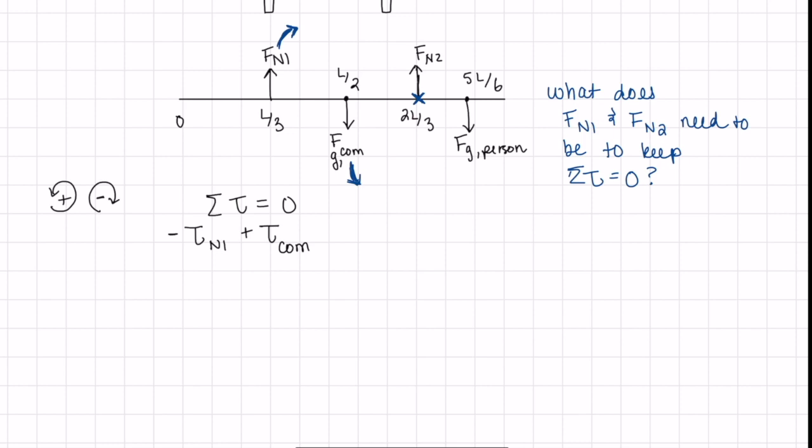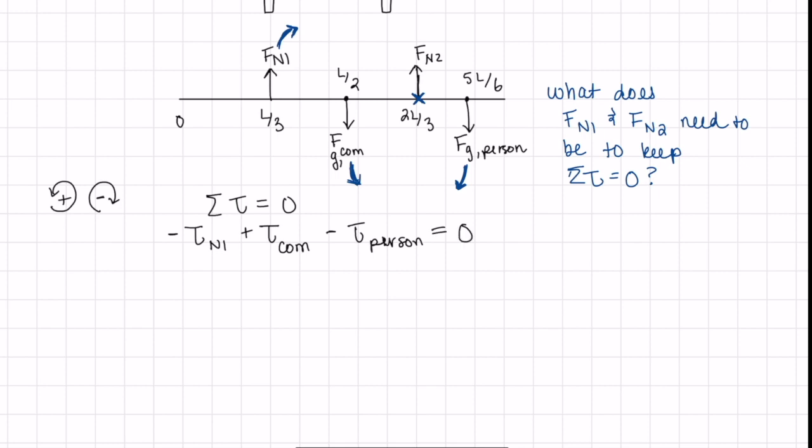And then Fn2 is at the pivot point, so that won't give us a torque, like I already said. And then the FG person is going to be trying to rotate this clockwise, so that will also be a negative torque provided by the person's weight equals 0.